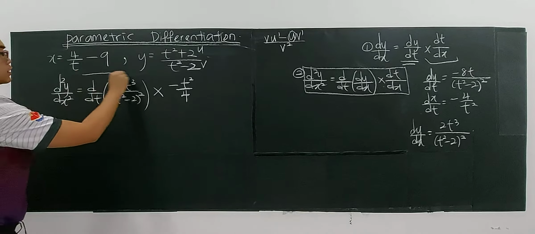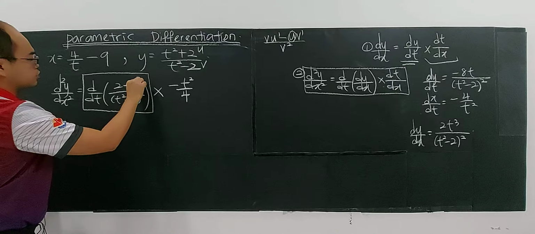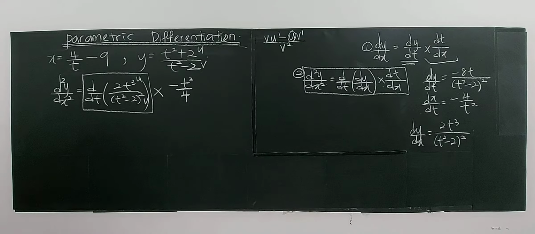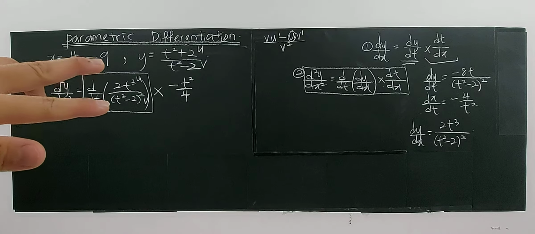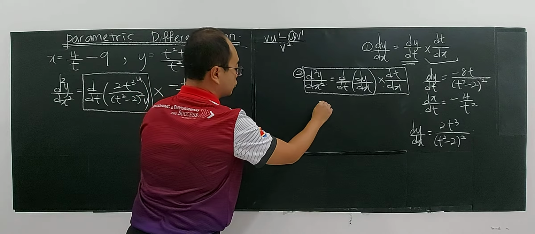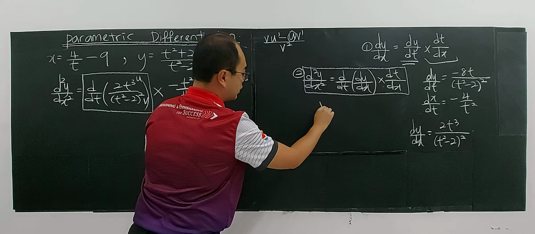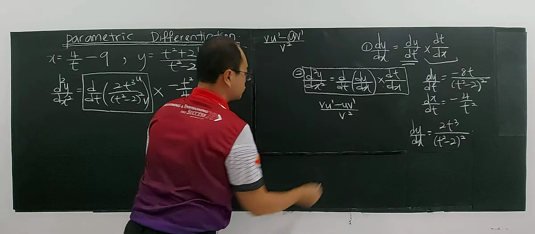Now focus on this part, which you need to differentiate. This one is your u and this one is your v, u over v. So we need to differentiate this using the quotient rule, written as v u prime minus u v prime over v to the power of 2.